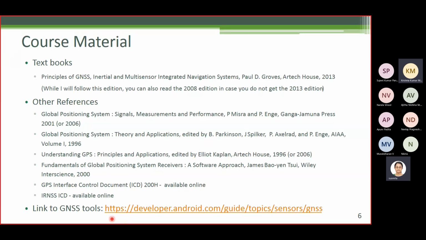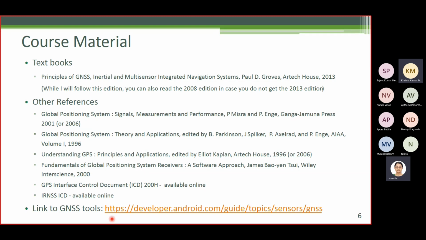Everything that we are going to discuss under GNSS is very much real. It's not abstract. So collecting some data and processing that will give you some idea about the whole thing, and it will also improve your understanding. So that's why I have kept this mini project.